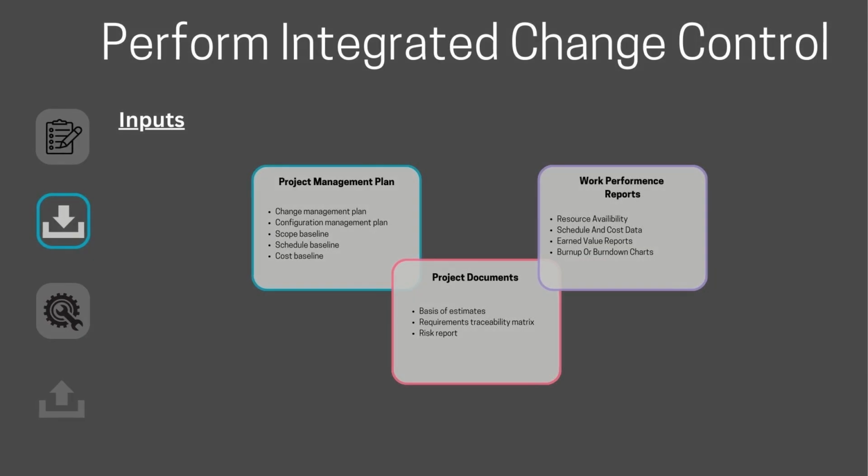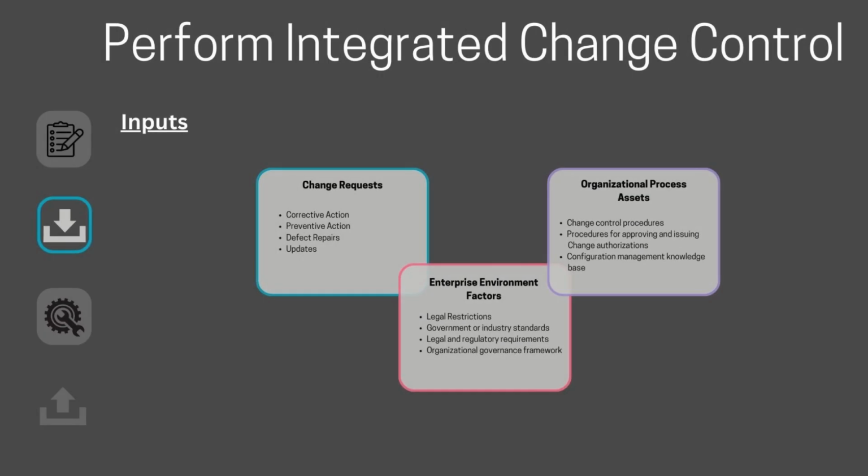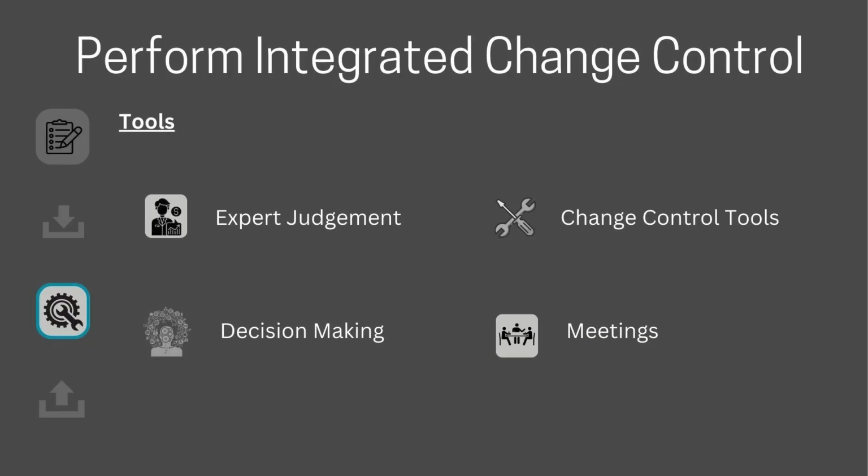The inputs to the process include the project management plan, which consists of the change management plan, configuration management plan, scope baseline, schedule baseline, cost baseline, and project documents. These documents help assess and monitor project risks and performance. Tools used in this process include expert judgment, change control tools, decision-making, meetings, and data analysis.